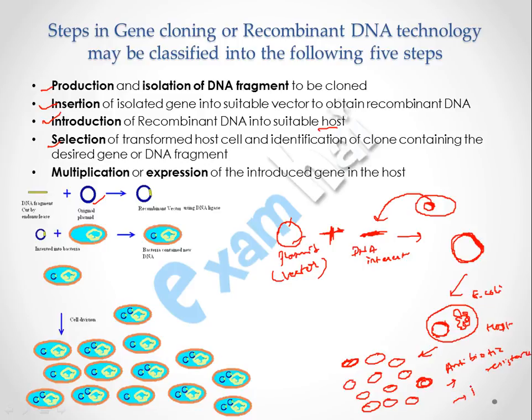Or plaque formation. Any of these processes is used for selection. In this selection procedure, many of the progeny will die. Only the progenies containing the recombinant DNA will survive, and then these are allowed to grow further, and after which all the progenies developed from these bacteria, these daughter cells, will contain the recombinant DNA.